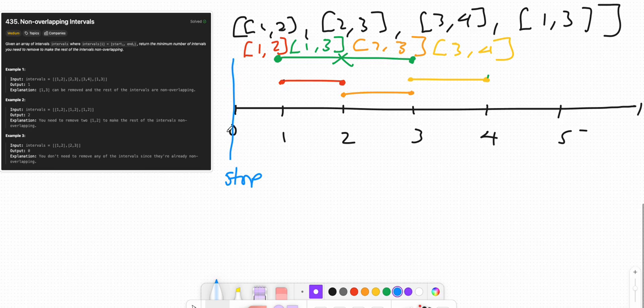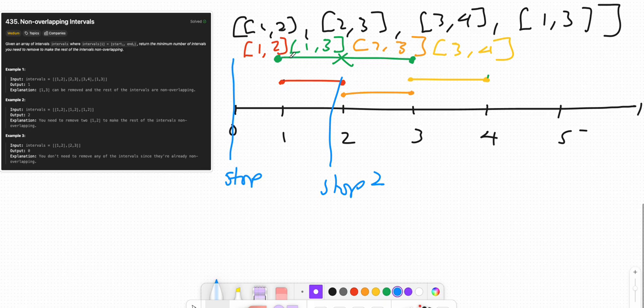So for example, here the stop, this is stop 1. If the start is greater or equal to the stop, they are non-overlapping. So after that, if we agree on that, the next stop should be here, so stop 2. But stop 2, the start of whatever is coming should be greater or equal to stop.